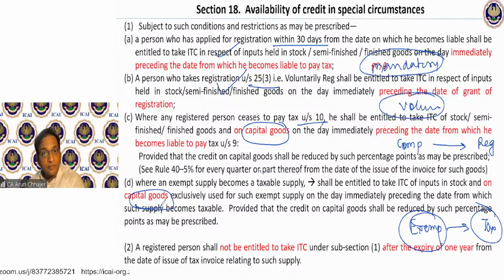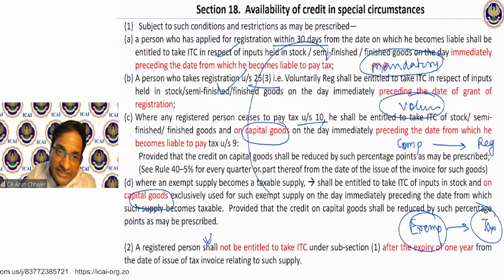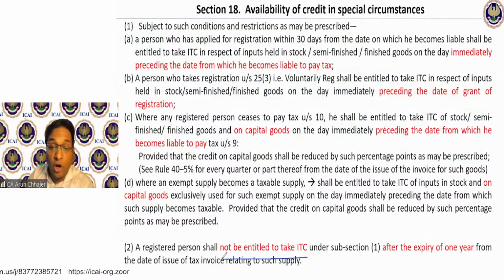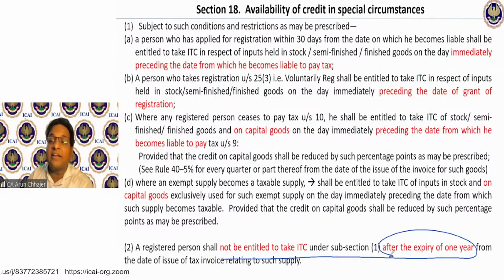Okay. But 18 subsection 2 says that whatever the ITC you are talking about here, stock, capital goods, etc., it should not be older than 1 year. It means if you have the tax invoice within 1 year, then only you can take the ITC.